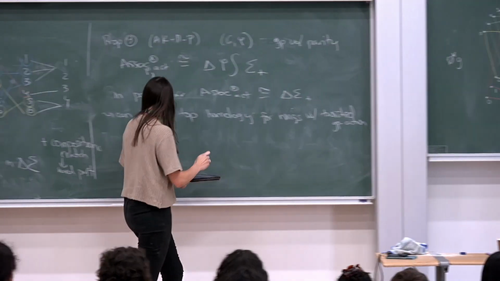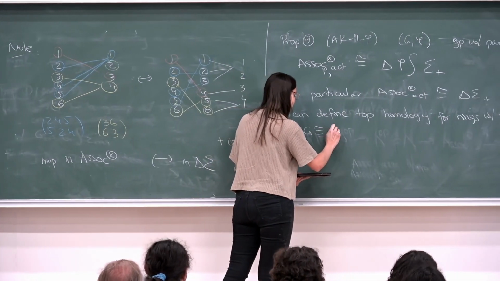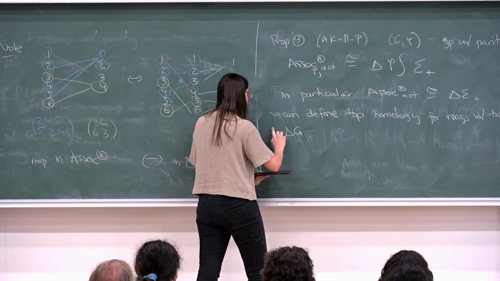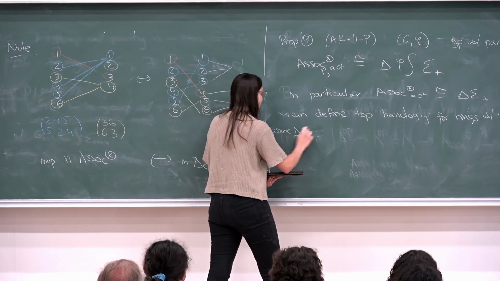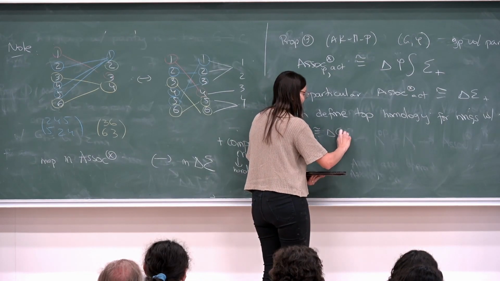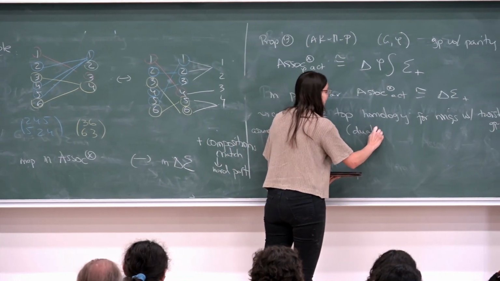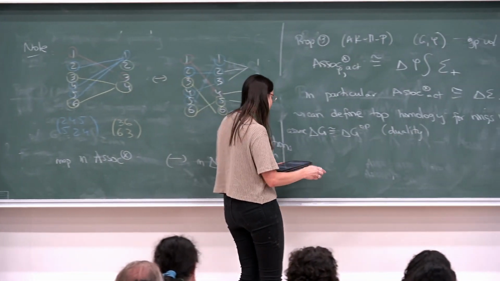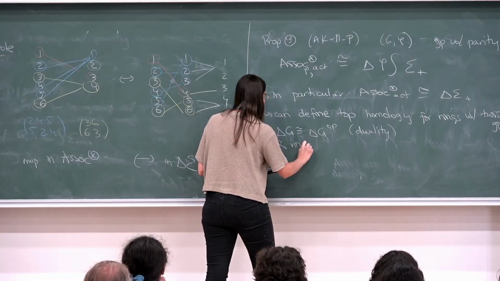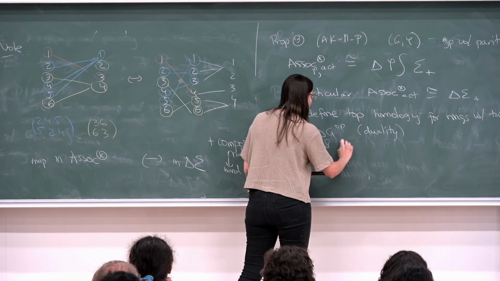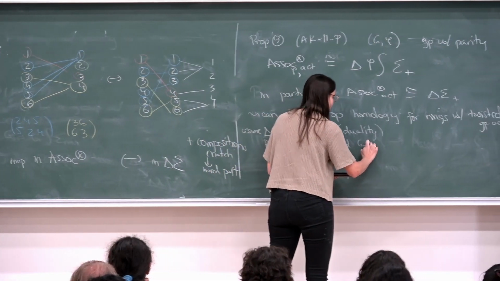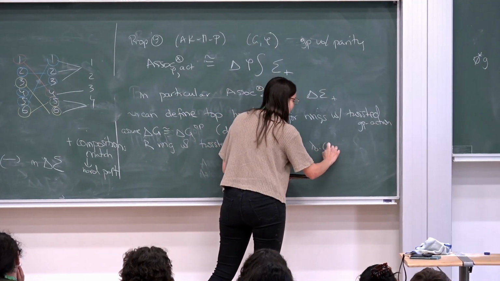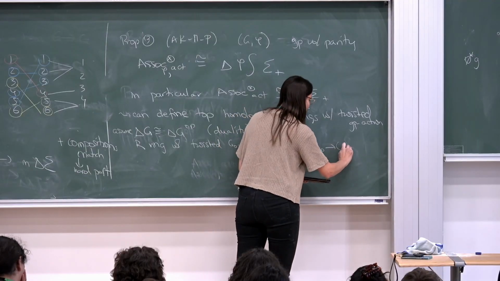But I'm going to make this extra assumption now: assume also that this is isomorphic to delta G op, that it's a cross-simplicial group with duality, as we would say. And suppose that R is a ring with twisted G0 action for the parity that we get from the cross-simplicial group.